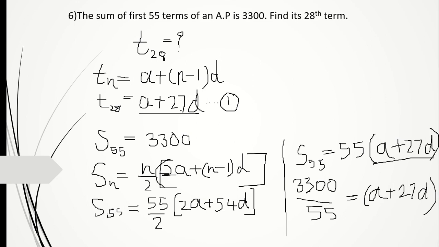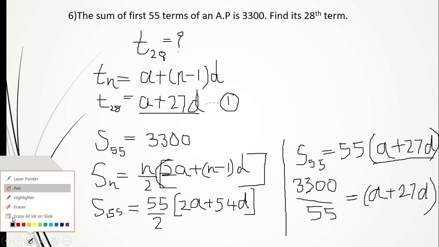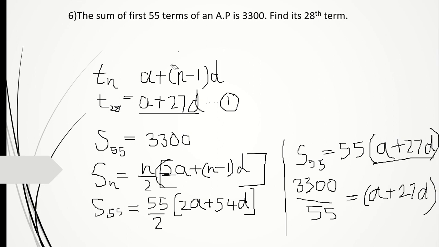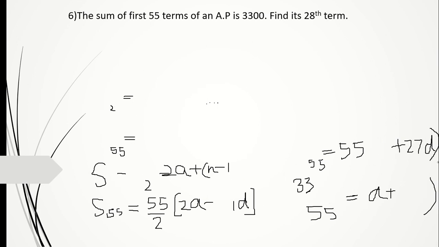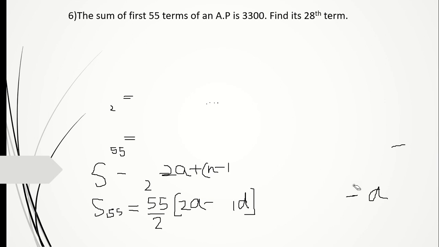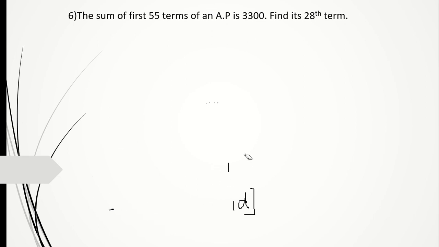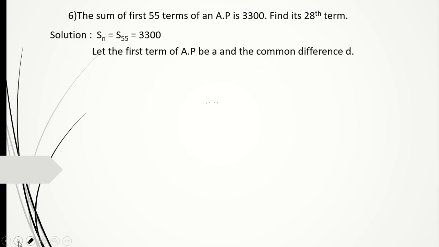Let the first term of the AP be a and the common difference d. This is the formula of Sn we have.